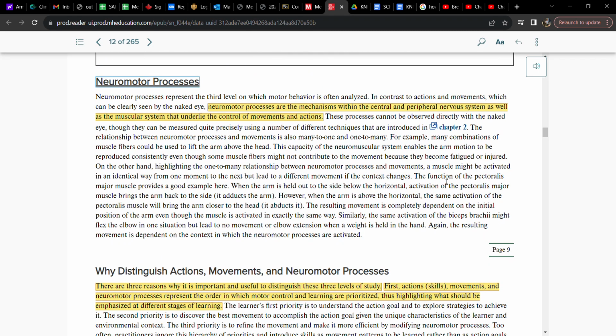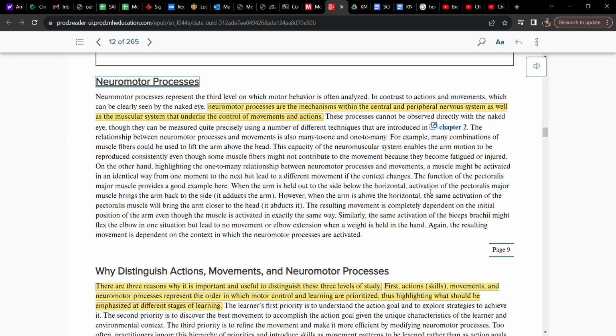I talked about this a little bit earlier, but this is the neuromotor processes. So this is how your brain and your spinal cord and all the nerves communicate with the muscles in order to accomplish movements, which eventually accomplish these actions or motor skills.